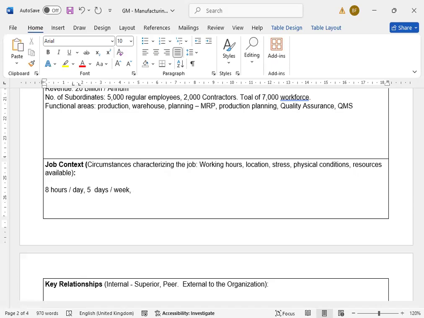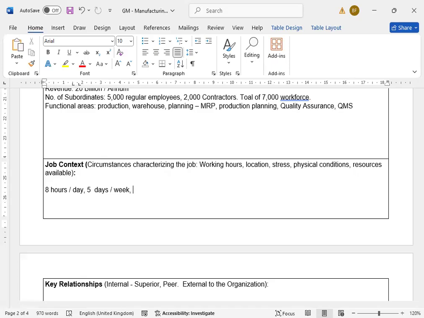Otherwise, the incumbent will be added to the turnover of employees. He will not stay in the company if he's working seven days a week. So you have to give him two days rest. That is for the family. That is what you call work-life balance.